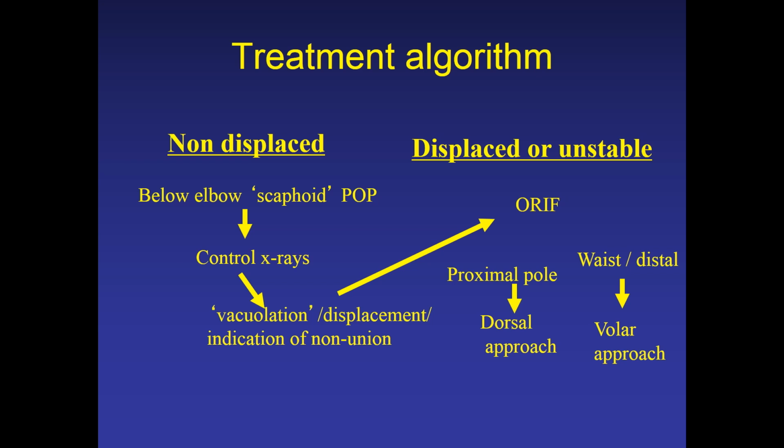Look for these signs, vacuolation, displacement, any signs of non-union, which immediately push up into this ORIF group. If your fracture is displaced, or it's that unstable pattern, so this proximal pole fracture, that vertical oblique, probably should go straight towards your ORIF group. We know that the proximal pole, we're going to use a dorsal approach, and the waist, the volar approach.